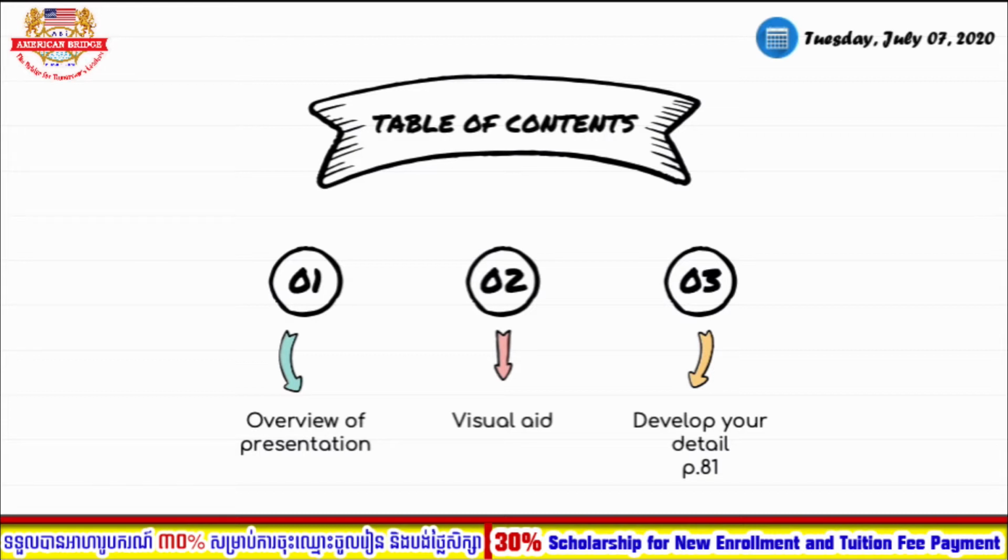For the second agenda for today's class, you will learn some tips to improve your presentation skill, which is to use a visual aid. Last but not least, you will practice some exercises in your book on page 81. The title of the practice exercise is Develop Your Detail.